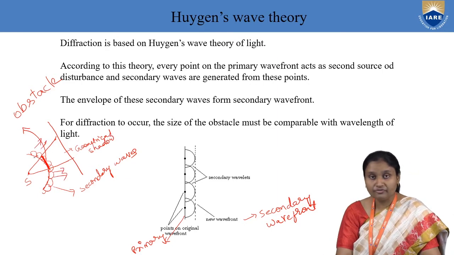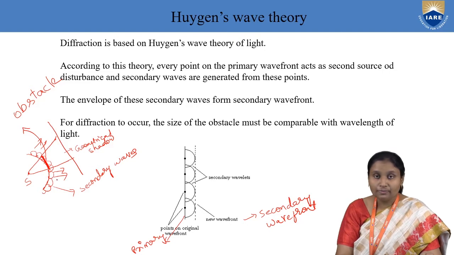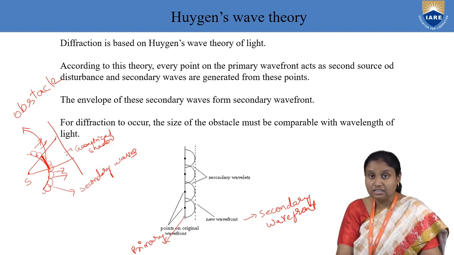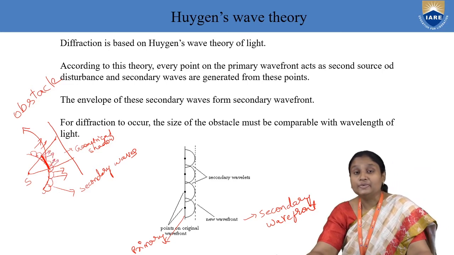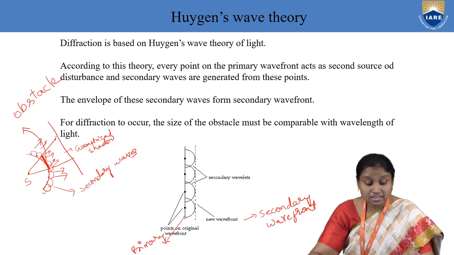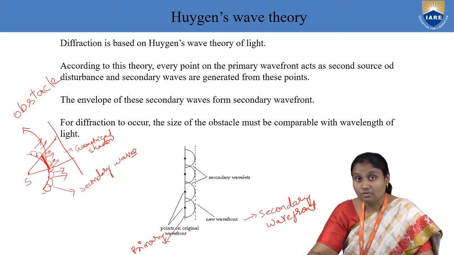But here spreading of secondary waves takes place. Even in the region of geometrical shadow, you will have secondary waves entering. So there is spreading of light in the geometrical shadow region also.